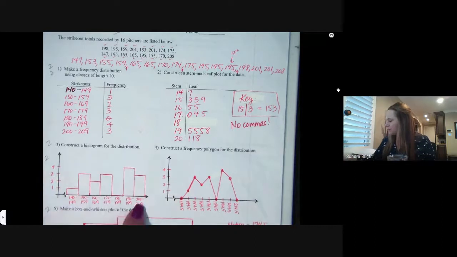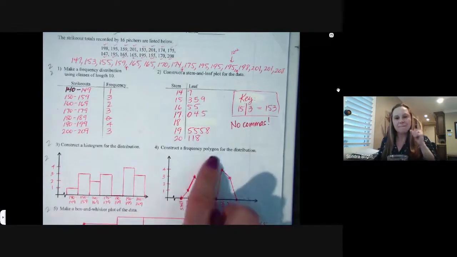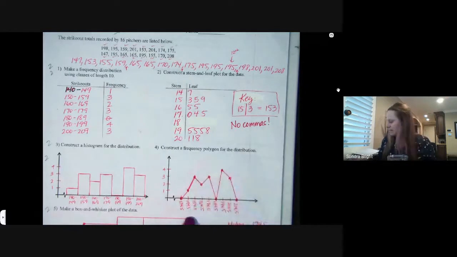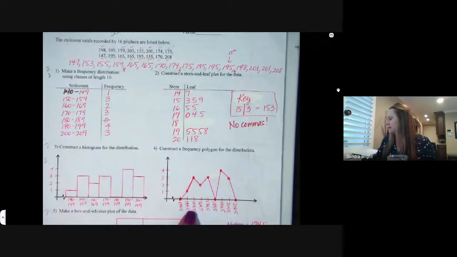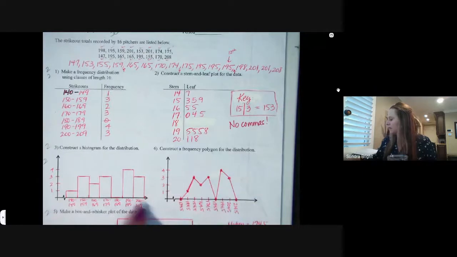And then the frequency polygon, this is when each of the tick marks are the midpoint of each of the classes. So the midpoint between 140 and 149 was 144.5. And then each of the class sizes are 10, so adding 10 to each of those, and then I always am a double checker, so I'll double check 200 to 209. The midpoint of that would be 204.5.